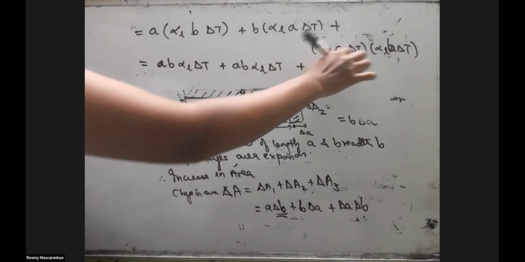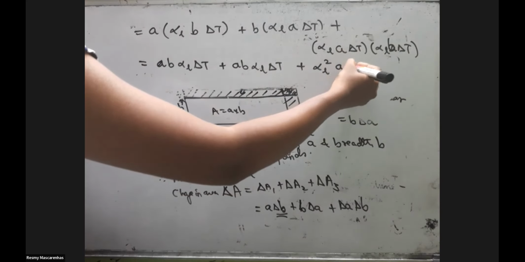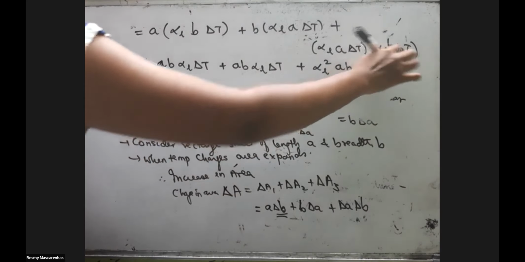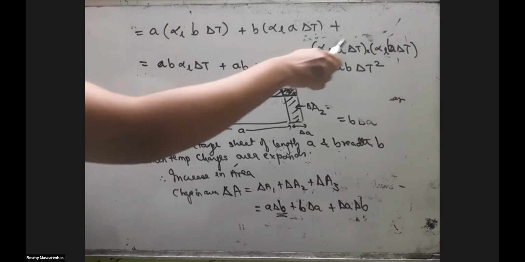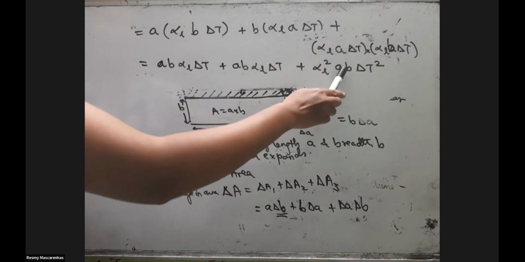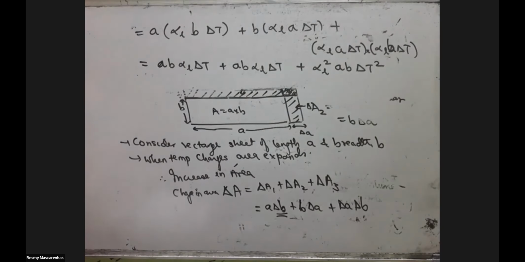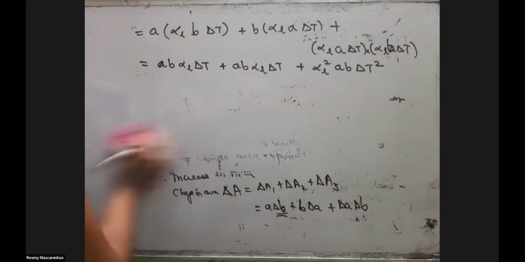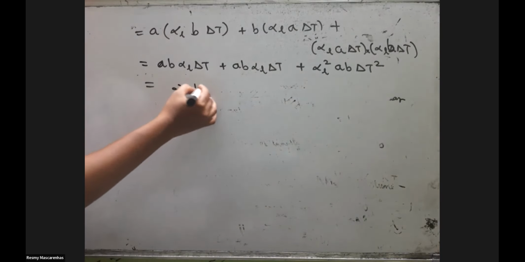Alpha L into alpha L will give me alpha L square, AB, delta T square. Multiplication: alpha L into alpha L will give me alpha L square, A into B, and delta T square. Now these two terms are the same, so this will be 2 times AB.